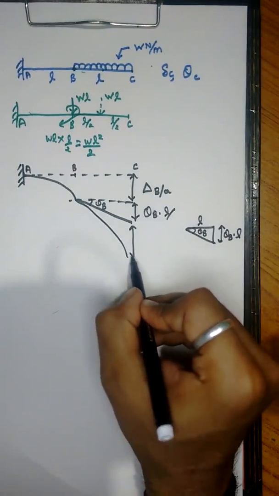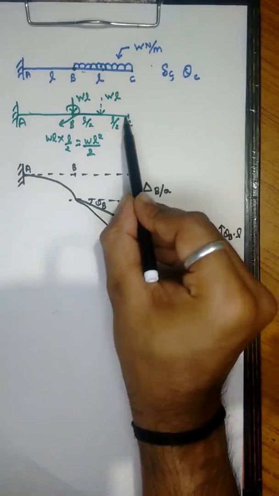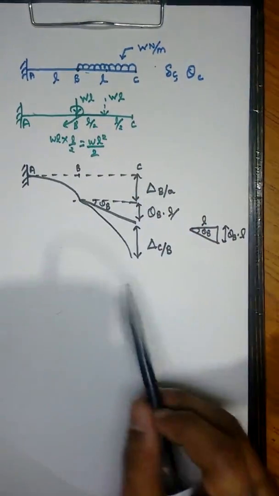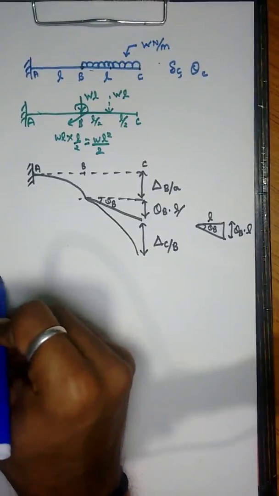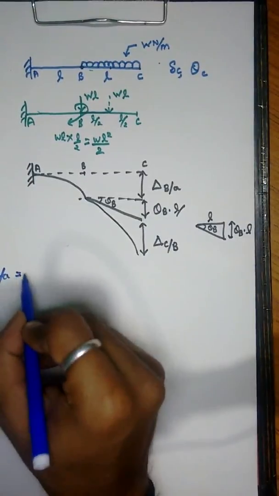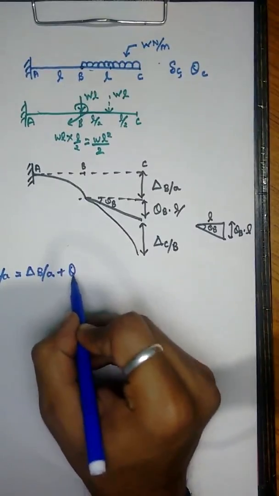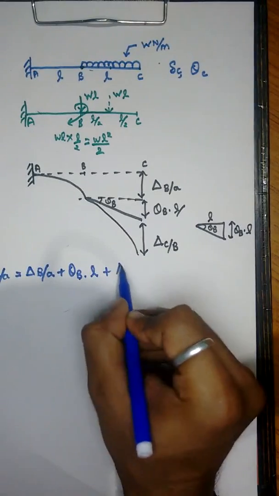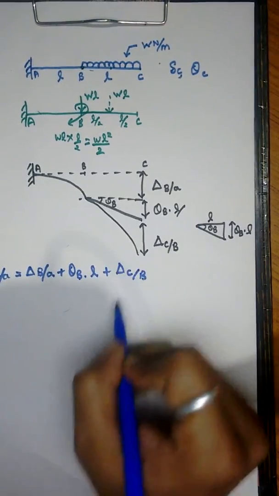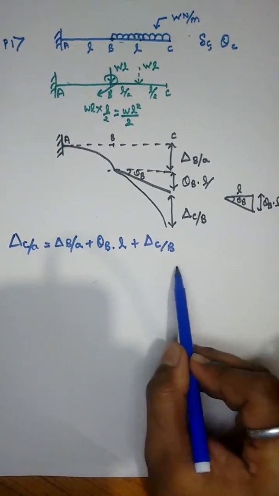So this is delta C with respect to B, the deflection of point C with respect to B. So what is the total deflection of point C with respect to A? It is the deflection of B with respect to A plus theta B into L plus the deflection of C with respect to B. So this is our total deflection value.